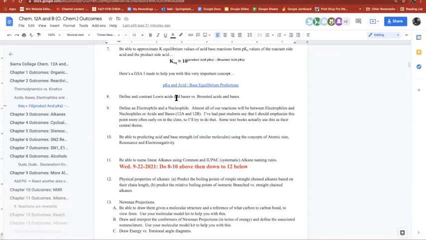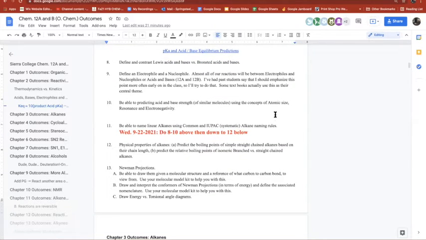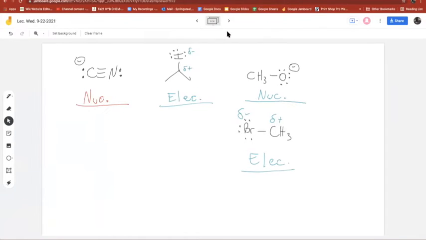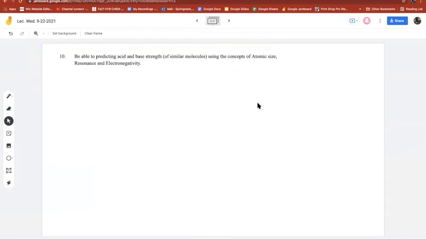Okay, so Bronsted acid bases, we got it. We got electrophiles, nucleophiles. And then now we're going to predict acid and base strength based on atomic size, resonance, and electronegativity. This is going to be a good one. Okay.